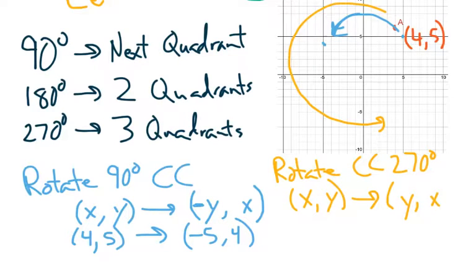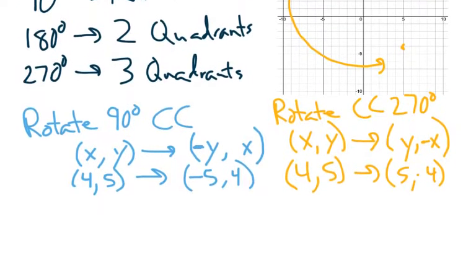So we're going to flip those. But this time we're going to change the second coordinate. In this case, our point is going to go from 4, 5 to 5, -4. So let's go 5, -4, and there we go.